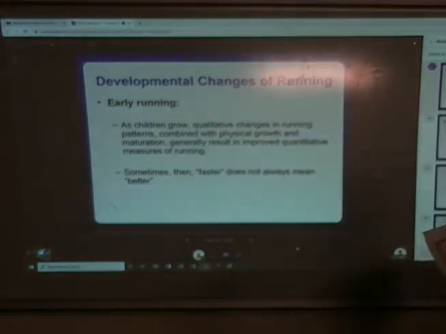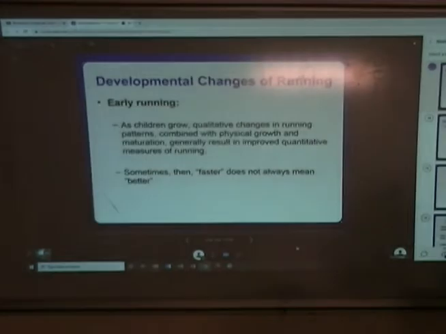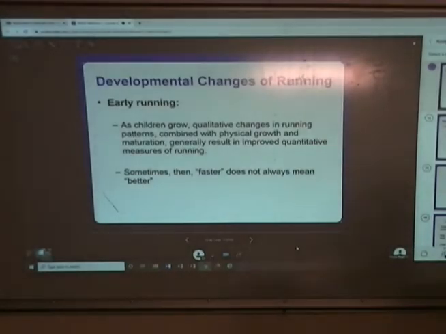So what's interesting, I think, if you take that viewpoint, is that we say this about early running, but you could watch many adults run and see poor or inefficient characteristics for running. Right?